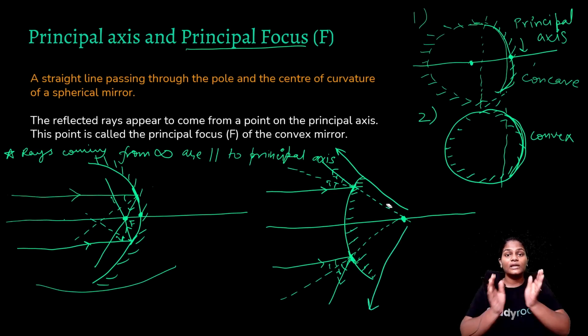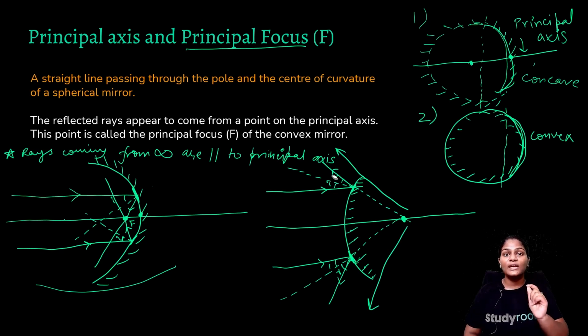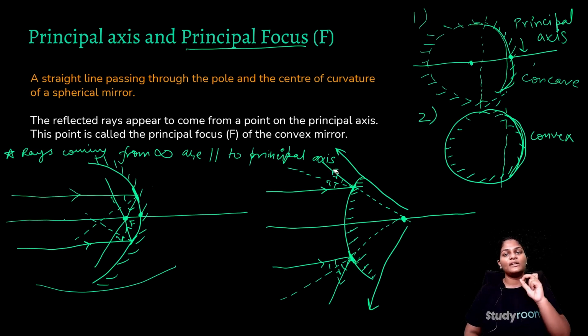It seems that they are going outwards from that point, right? Even though we have back traced it, that is why we say they appear to diverge, because they are not actually diverging. They look diverging only when we have retraced and made them meet at that point. So we say appear to diverge, but in case of a concave mirror, they're actually converging in real life also.